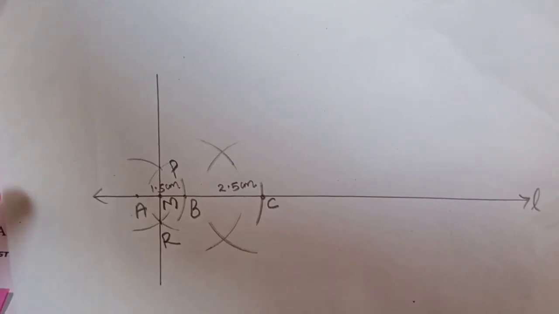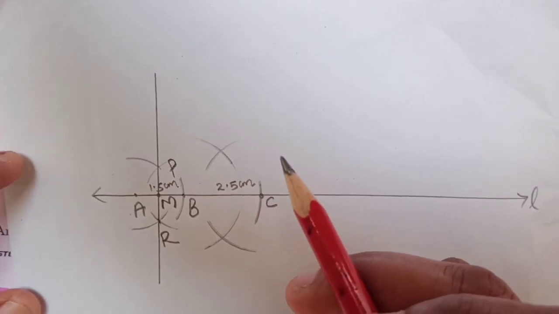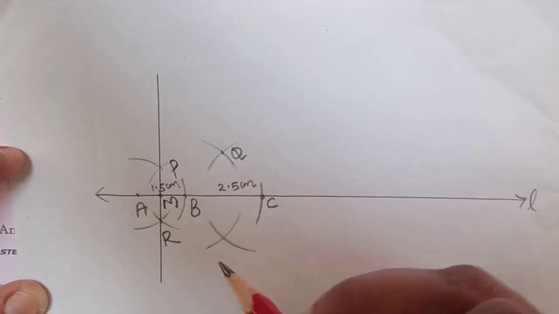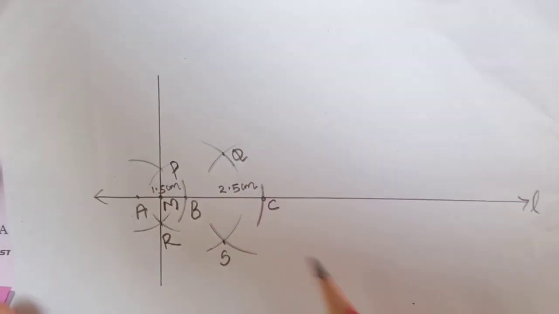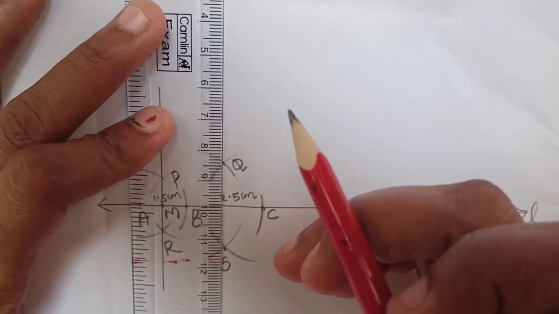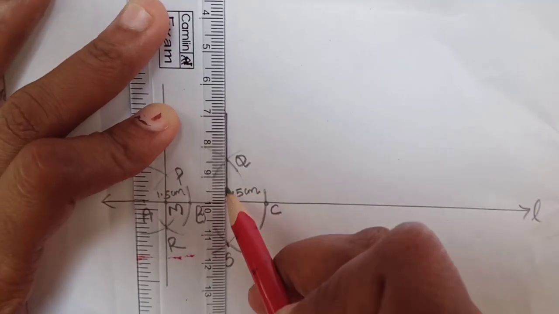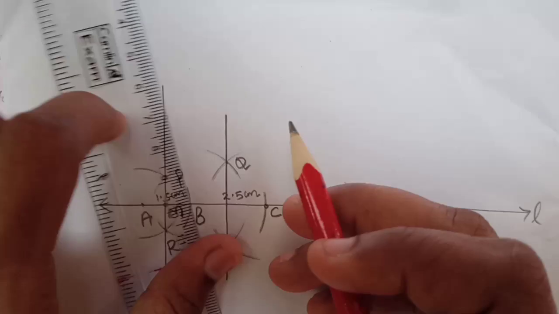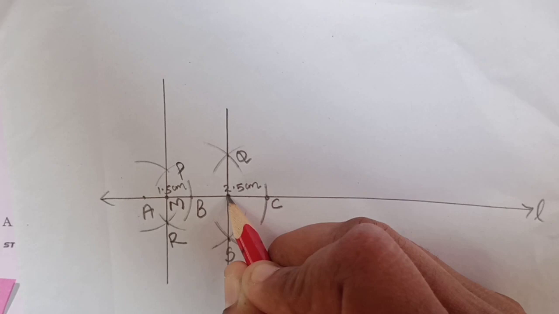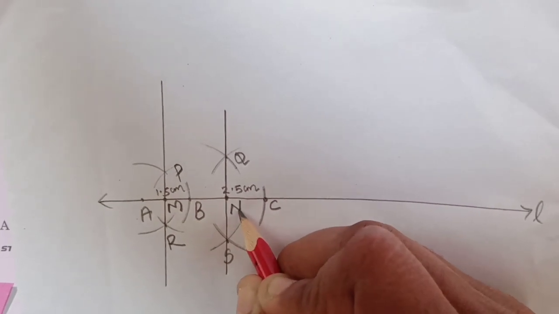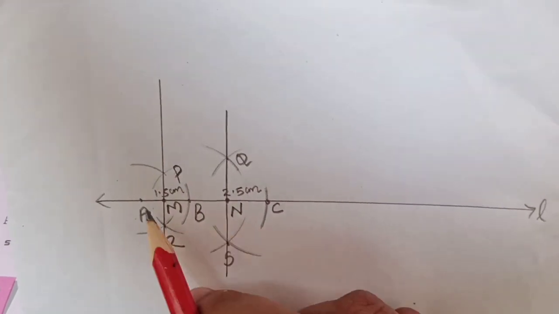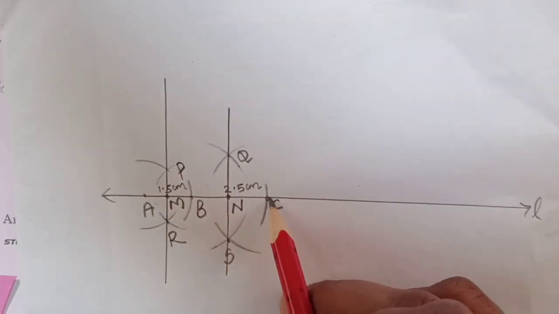Mark the point of intersection of two arcs as Q and S. Join Q and S. So mark the midpoint as N. Here M and N are the midpoints of AB and BC.